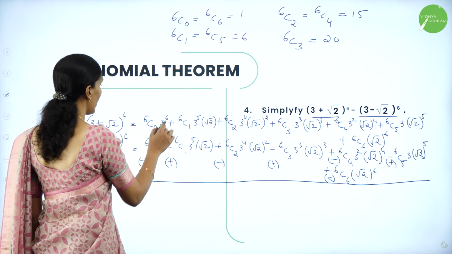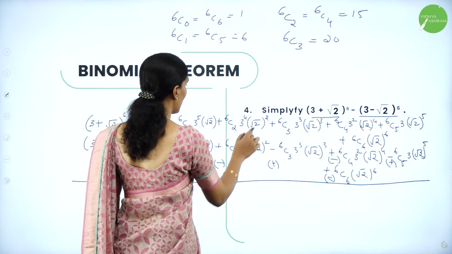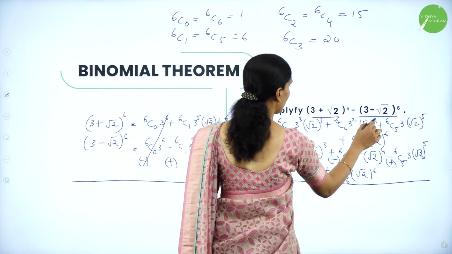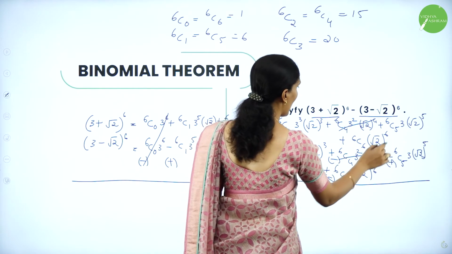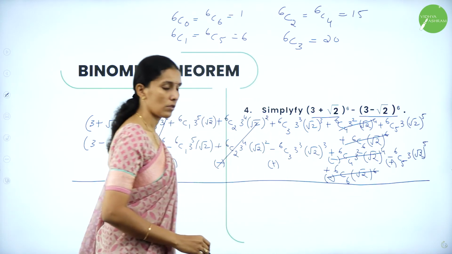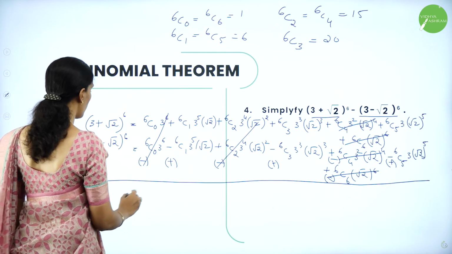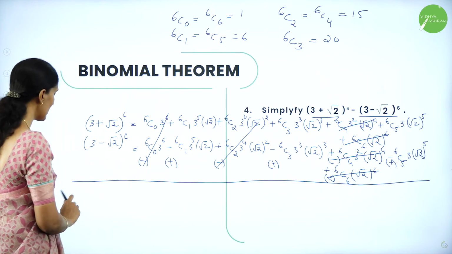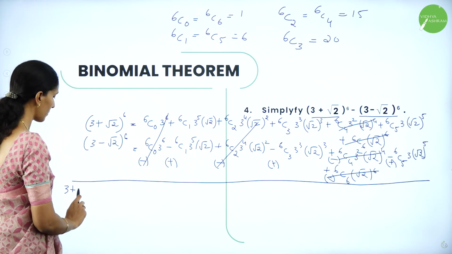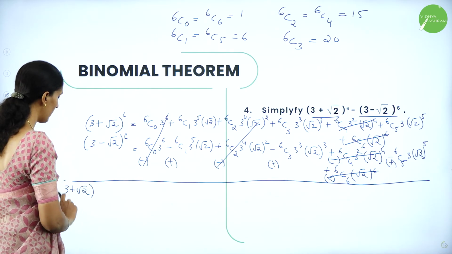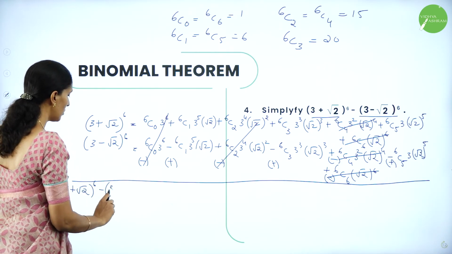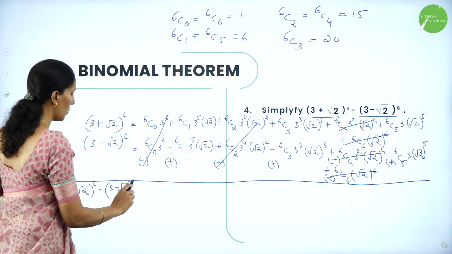In the similar way, these two get cancelled here and these two terms, and finally these two terms. So now we are left with 3 plus root 2 whole power 6 minus 3 minus root 2 whole power 6.